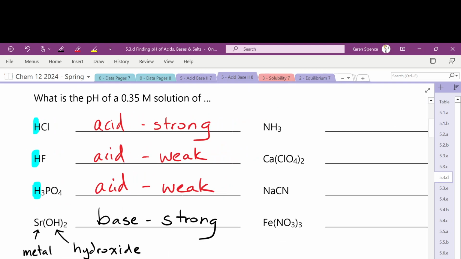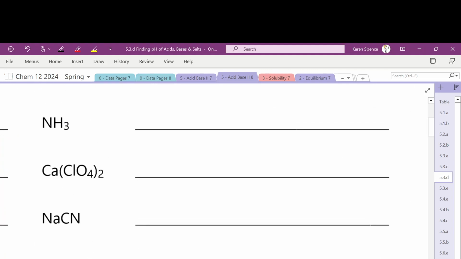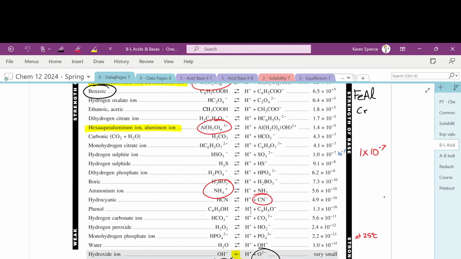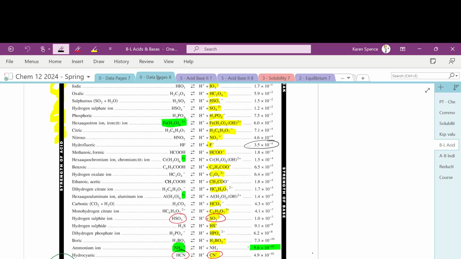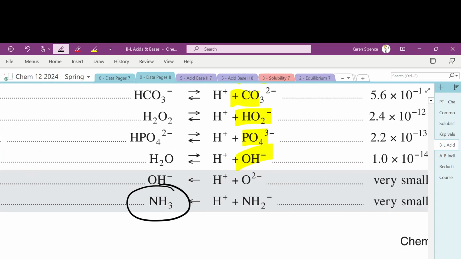What do we have on the right-hand side? What is NH3? It is a weak base. We know that it's not an acid because if we look on our data table, we do see NH3 way down here where it is too weak to be an acid.